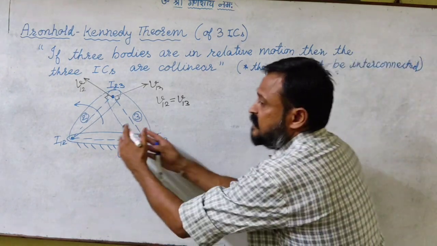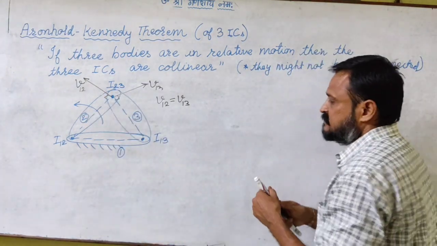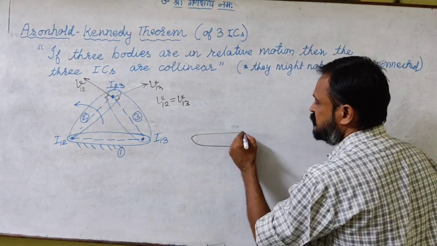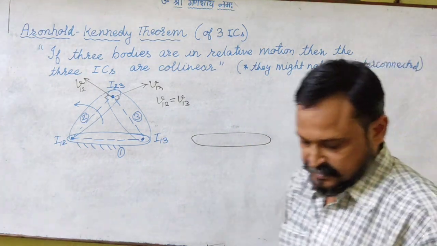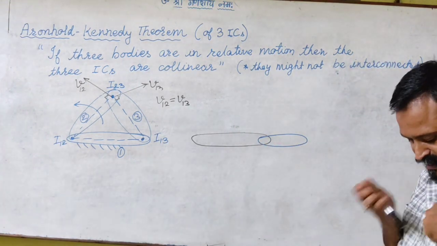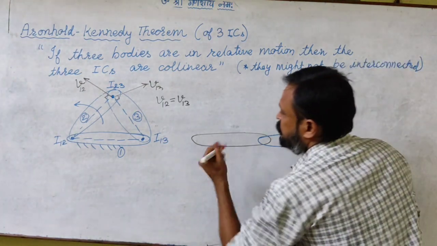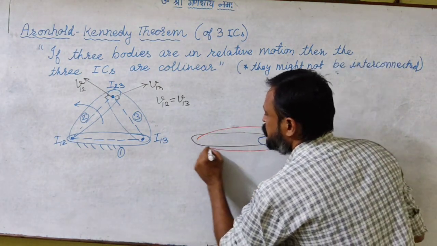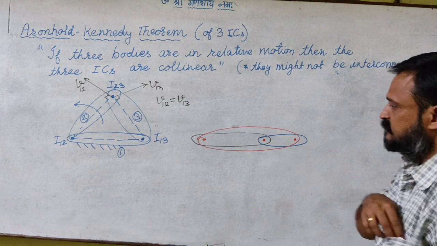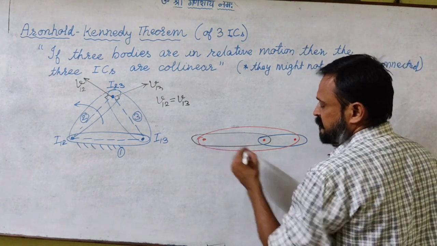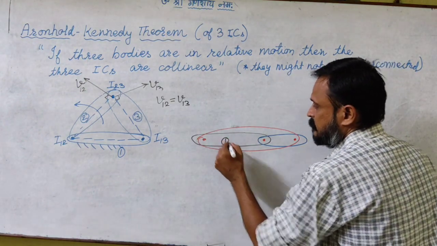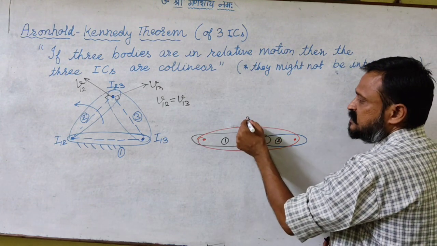Now if we improvise this configuration, say this is link number 1, this is link number 2, and this one is link number 3.